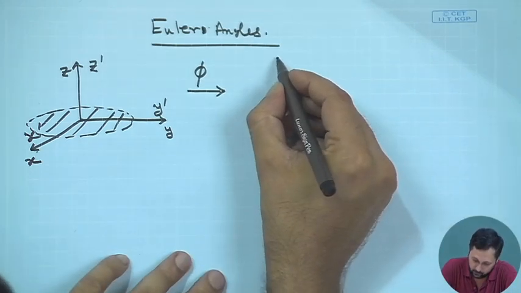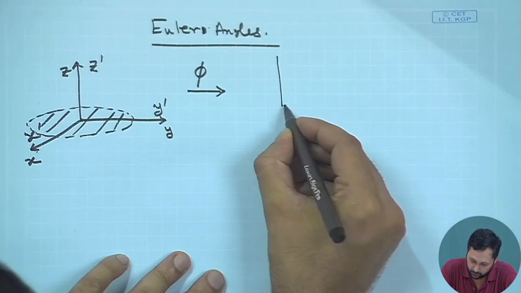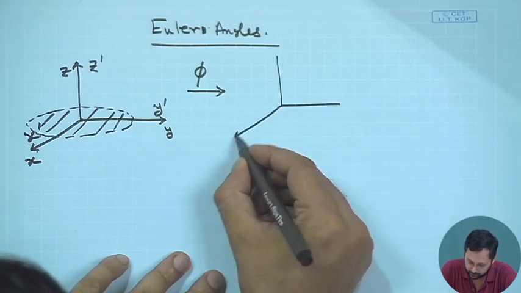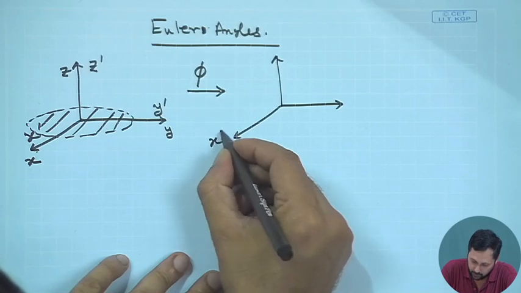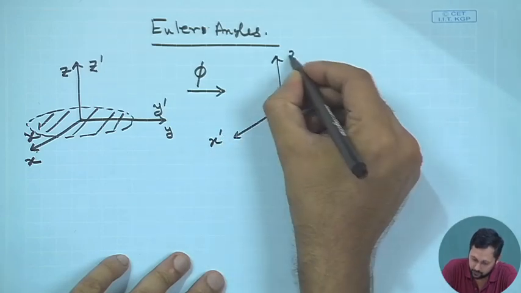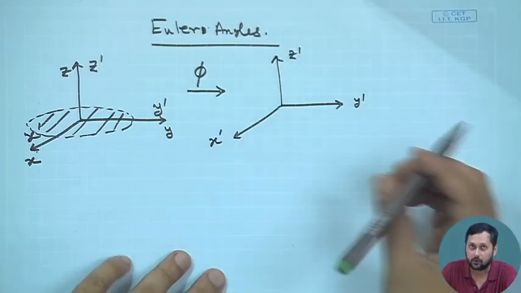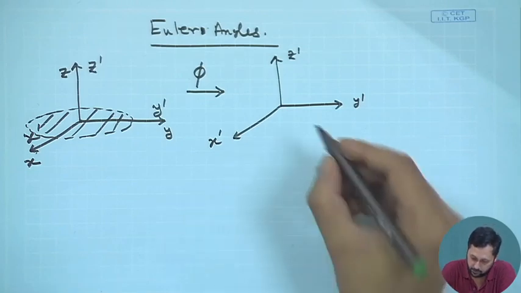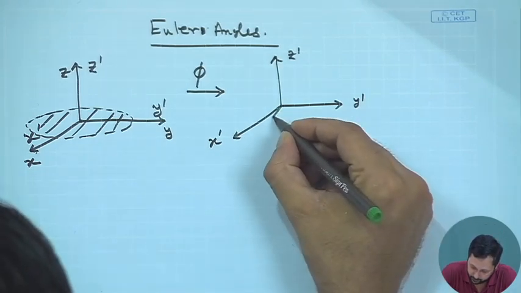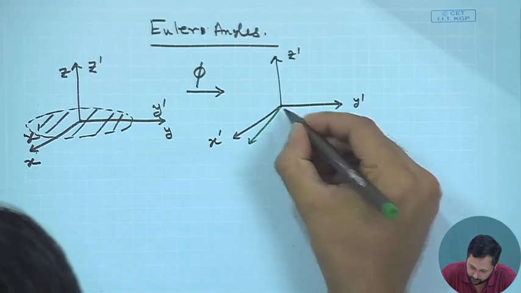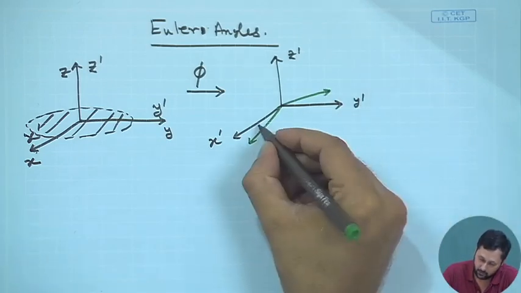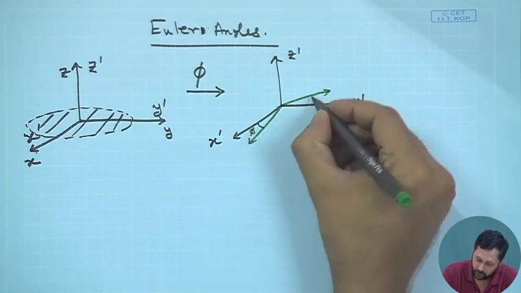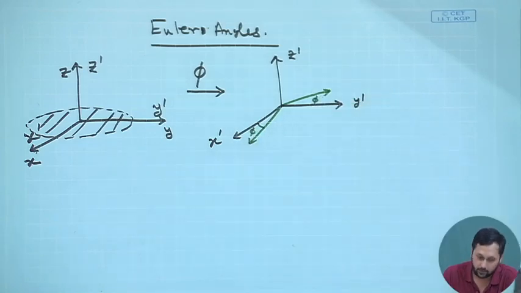So, let us draw, at first, this is the x prime, y prime, z prime. For the new set of axis, this is phi, this is phi, right.